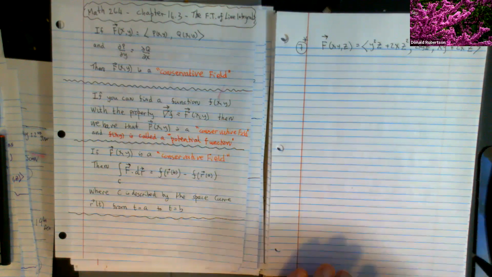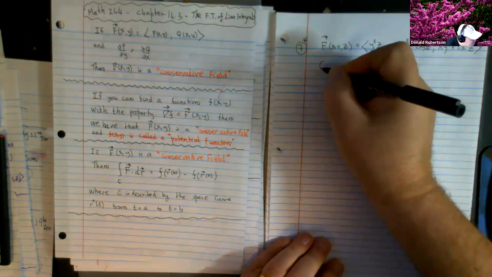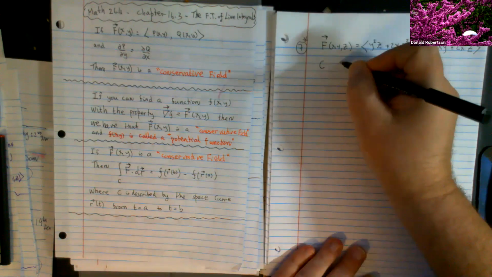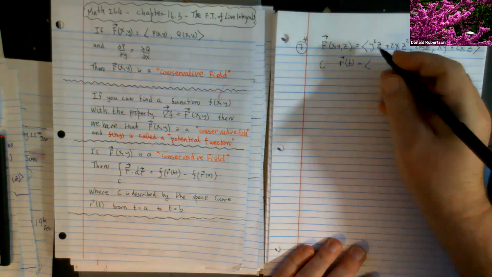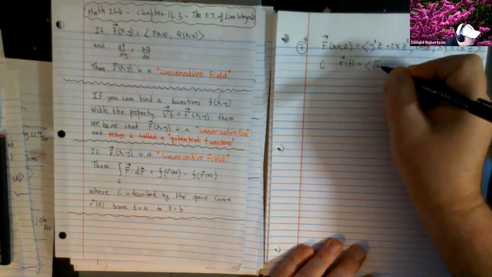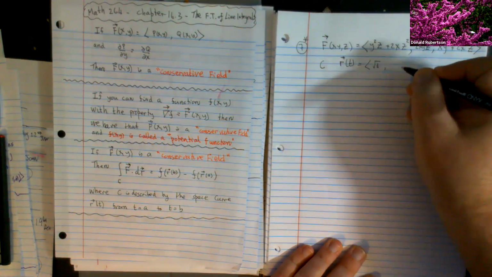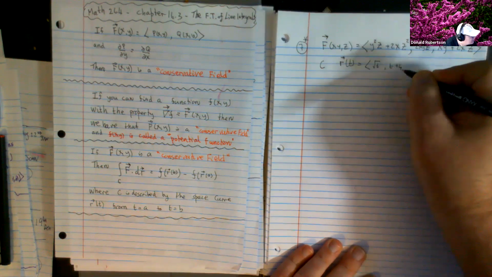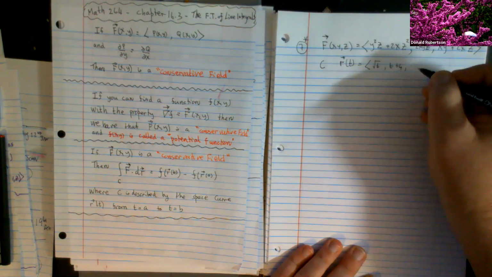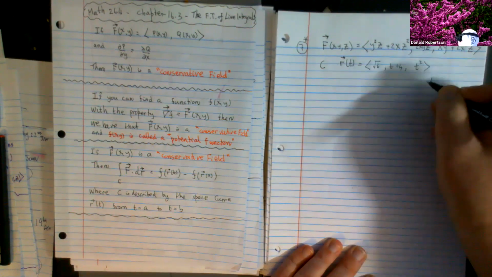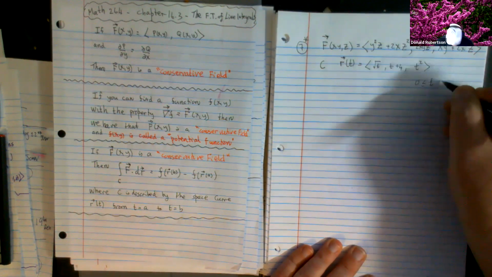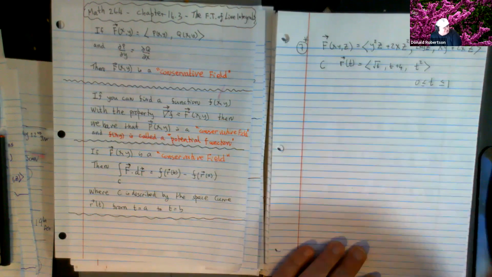Now, the curve C is given by a parametric equation. I'm just writing it this way because it makes more sense to me. Looks like that guy. Looks like that guy. And it looks like that guy. And it's going to go from t equals 0 to 1 because web-assigned people have no imagination.